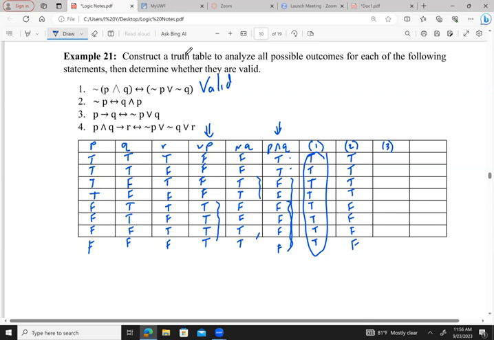So let's see. We'll start with our or statement, not P or Q. When is not P or Q true? When one of them is true. So we've got these four again. And then we've got these two.